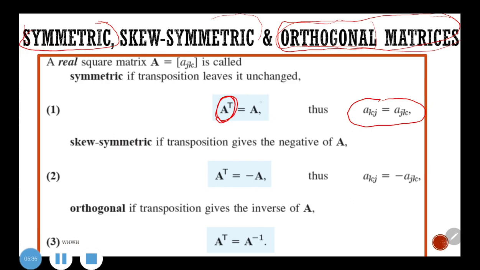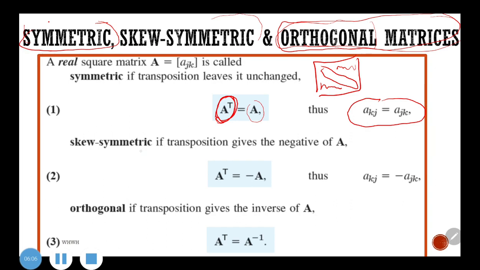So maknanya kalau dia symmetric, the original matrix is the same as its transpose. A transpose is equals to A. Later kita akan tengok example. So meaning that kalau kita tukar row jadi kolom, kolom jadi row, it's still the same. So that is so called symmetry, ataupun you boleh kata dia ibarat cermin. Value yang kat sini sama dengan value dekat sini.